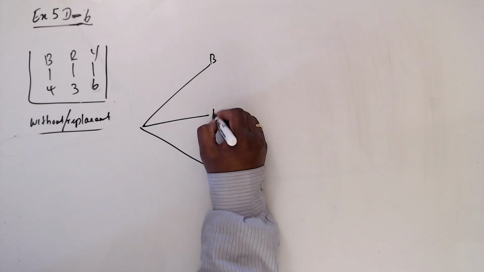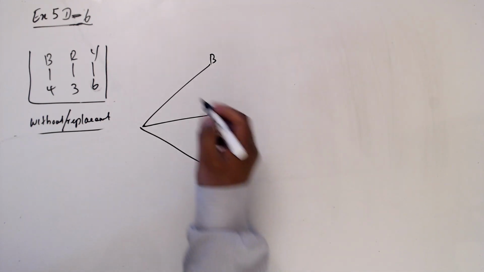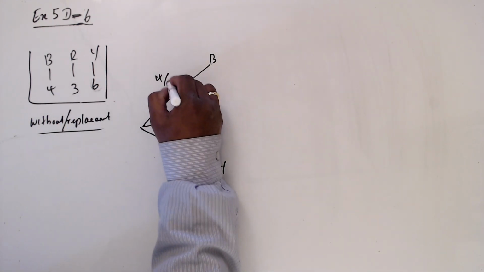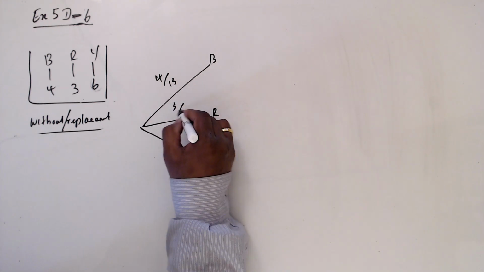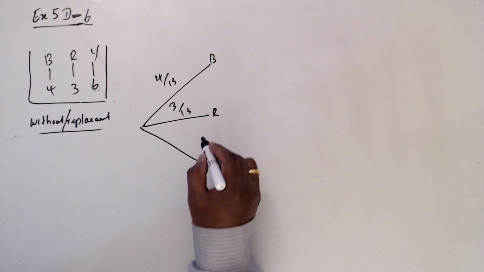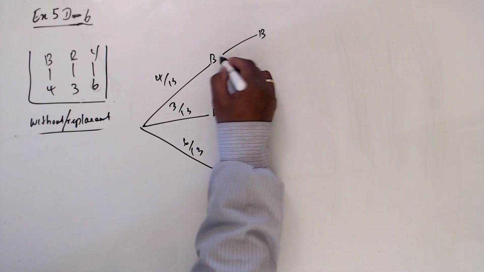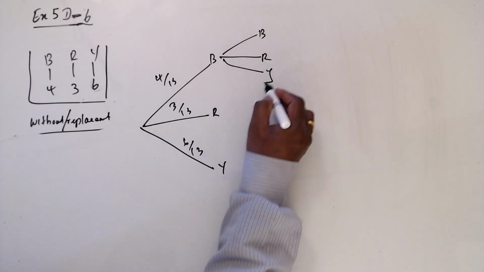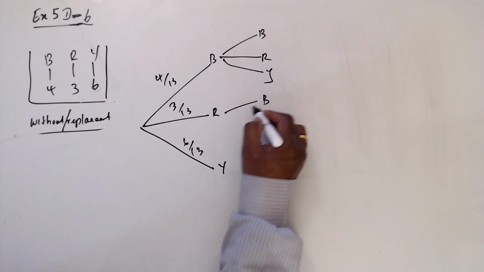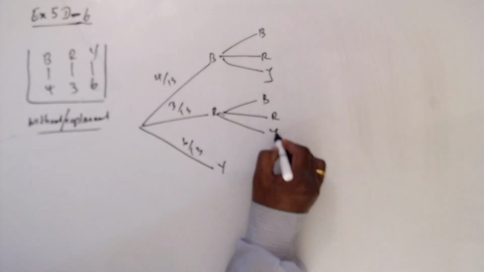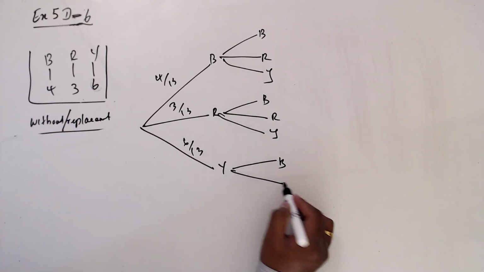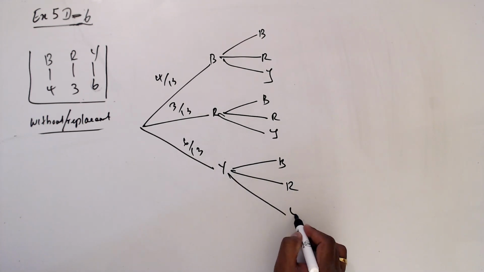Blue, red, yellow: 4 out of 13, 3 out of 13, and 6 out of 13. Blue, red, yellow, blue, red, yellow.